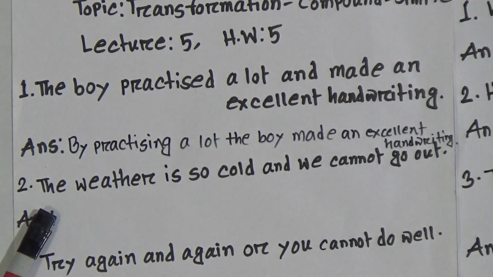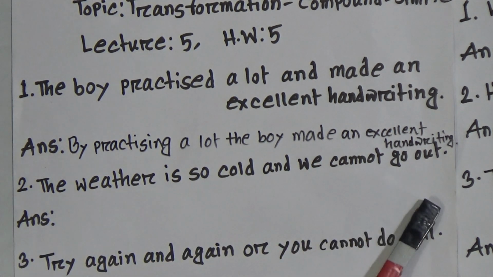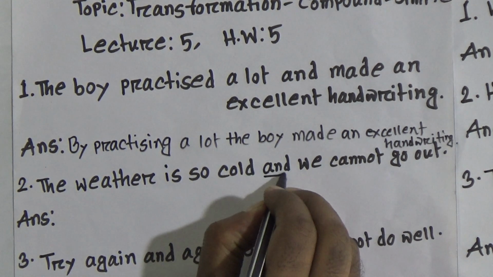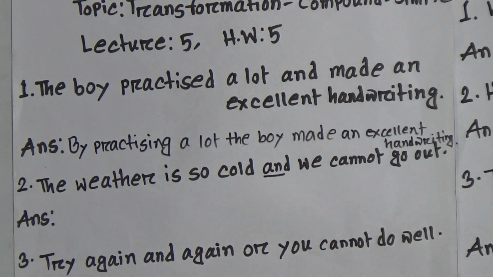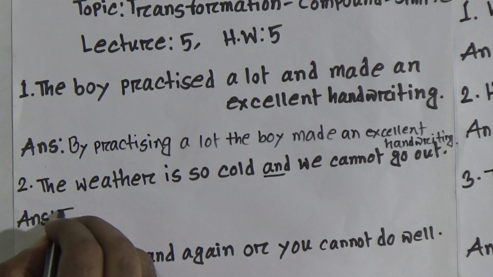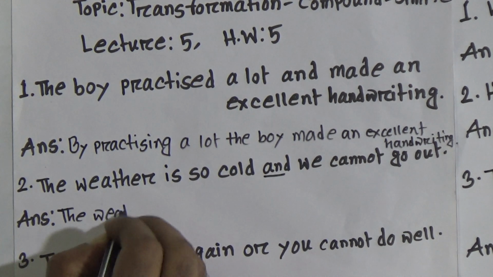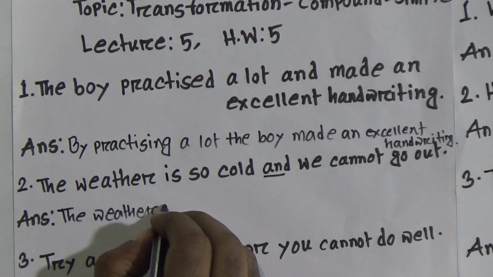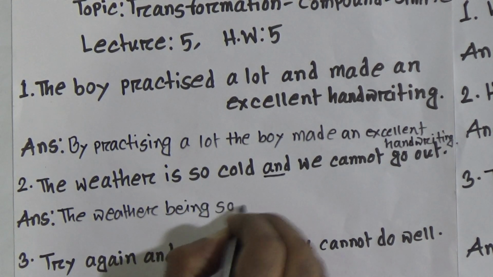Next, example number 2: The weather is so cold and we cannot go out. Look, another symptom of compound sentence, it is and. In this sentence we will write like this: the subject is the weather, the be verb is, and we will write being.